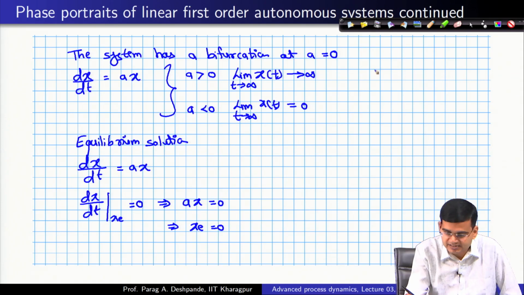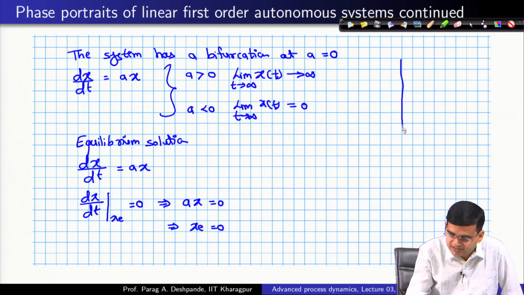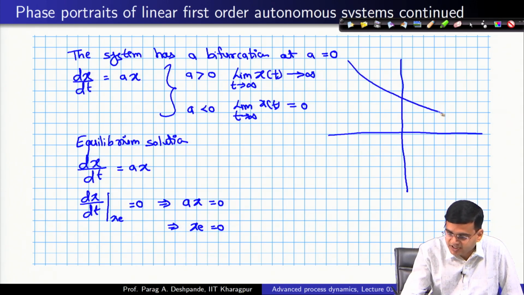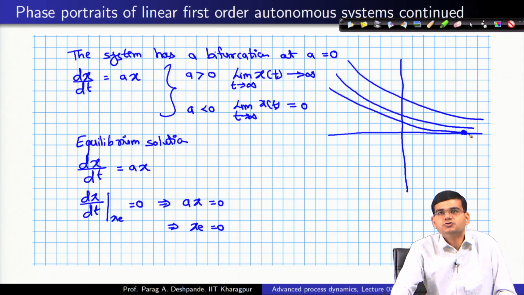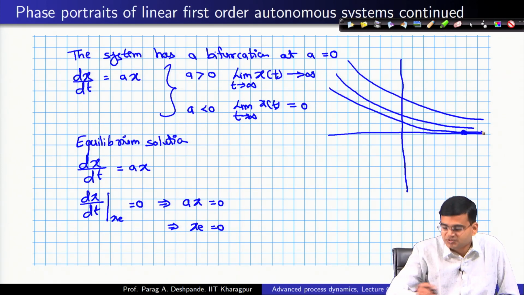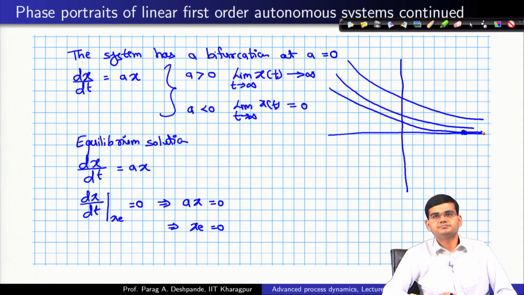Okay. And let us see if that is the case. That in fact is the case, because when you draw the phase portrait, what you see is that the moment you reach 0 asymptotically, the system continues to have a value 0.